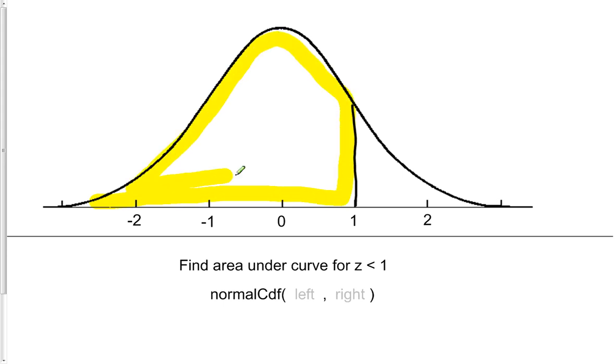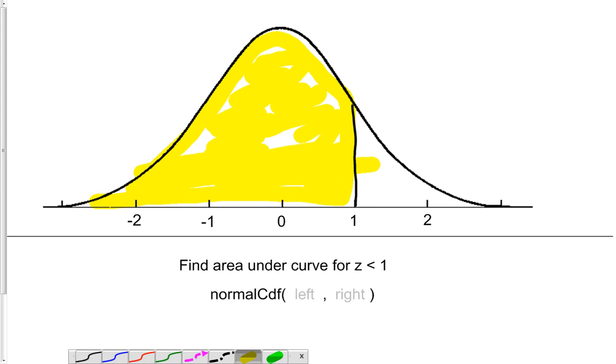Once you have your rough sketch of the area you're looking to find, you have a pretty good idea. Again, it's going to be probably more than half, so more than 0.5, maybe 0.8, something roughly in that neighborhood.